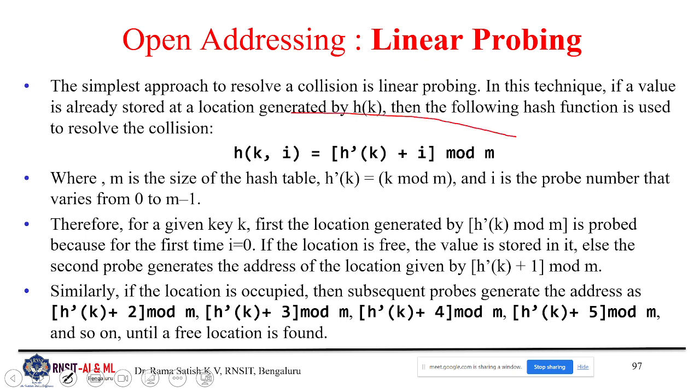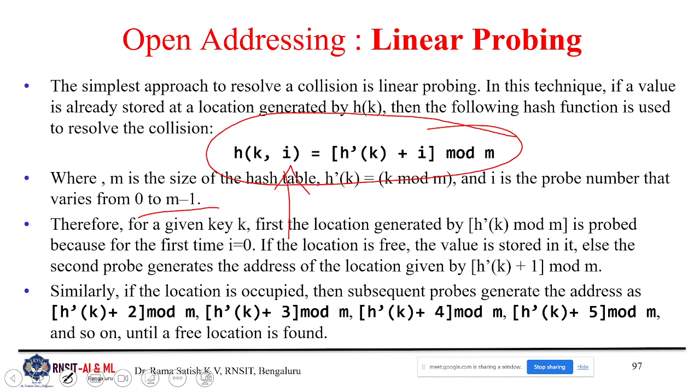This is the formula that we have to use. For a key k, to find the hashing of key k, you have to make use of i. i is the probe number, starting initially from 0 and going up to m minus 1, where m is the total size of the hash table.